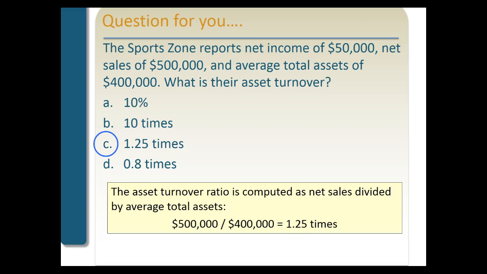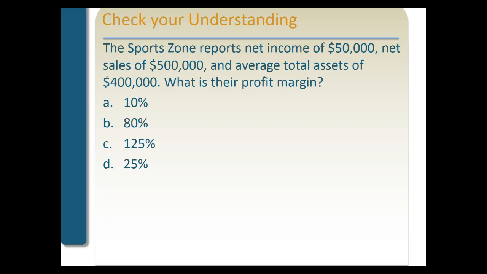If you take the $500,000 of sales, divide that by the average total assets, our asset turnover would be 1.25 times.